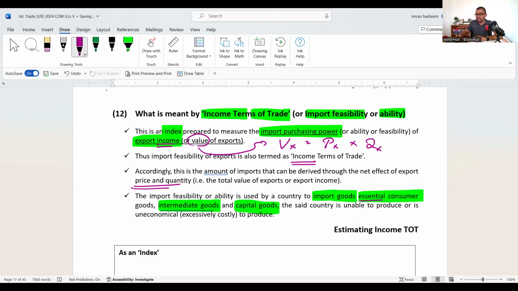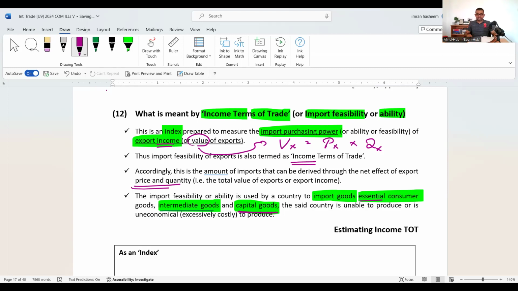Okay, intermediate goods. And then we import capital goods. Sri Lanka imports a lot of capital goods because we don't have the technology to produce the capital goods, machinery, equipment, for our heavy industries, medium, small scale industries, our IT, tech industry. We need to import a lot of machinery and equipment.